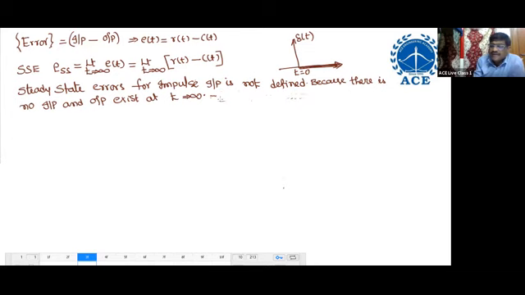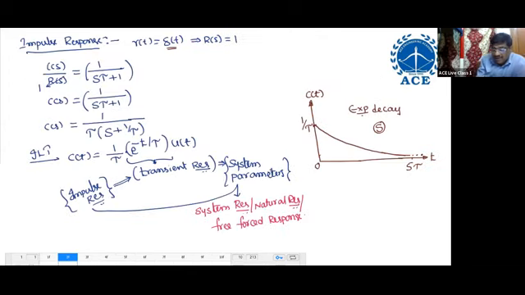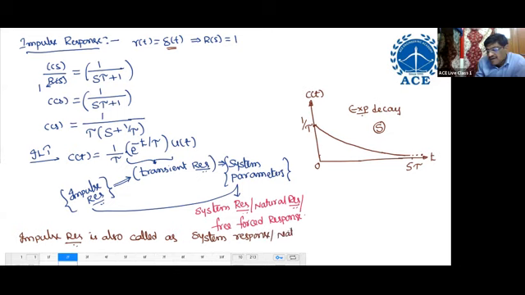Okay. Next. So be remember, impulse response is also called what? Impulse response is also called system response, or natural response, or free forced response.